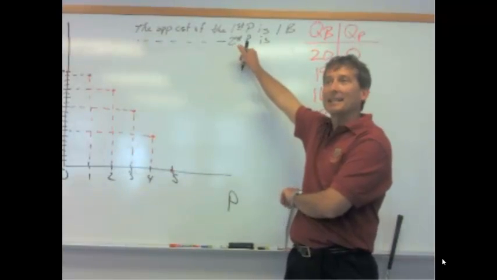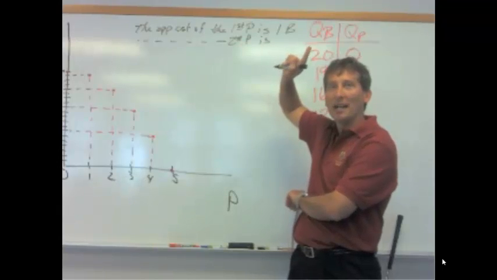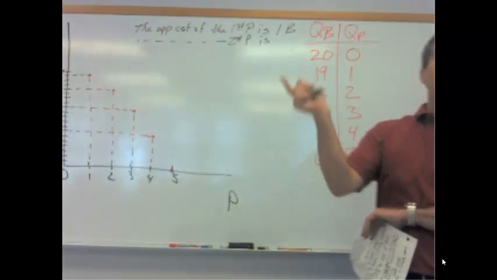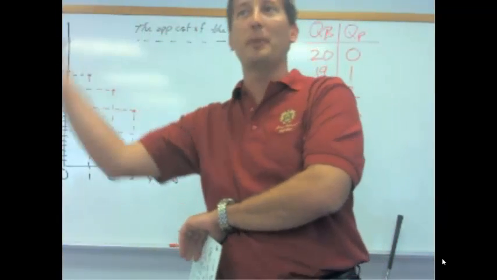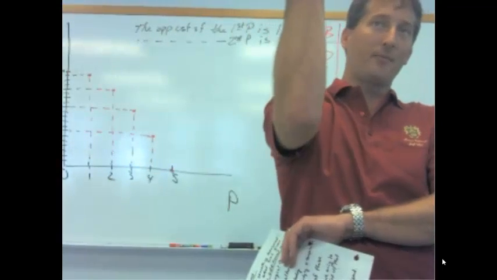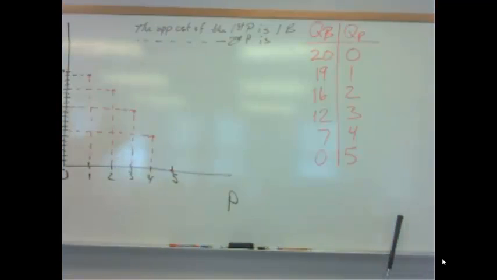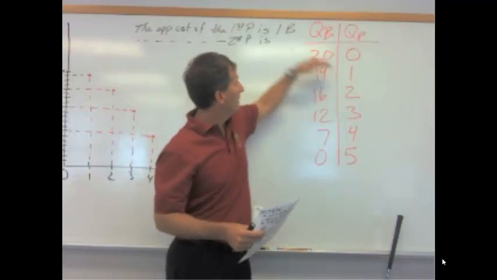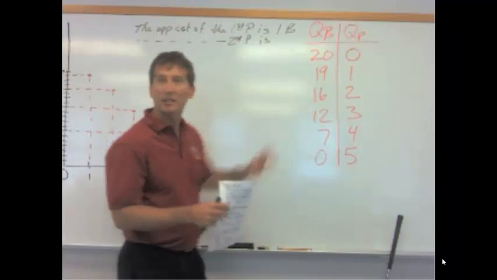The second is how many pizzas? 1. The second pizza. Now, had I asked, what is the opportunity cost of the first 2 pizzas? Answer would be, Michael? 4, good, right? So the first 2, if we were incrementally jumping from here to here, is 4. But the second pizza is actually just 3.